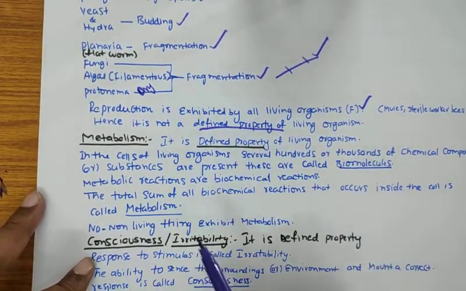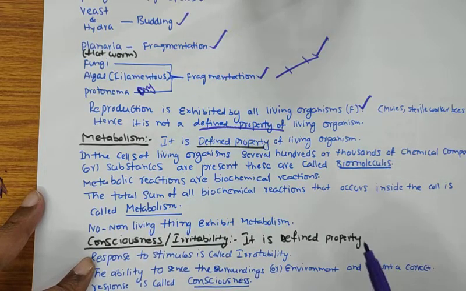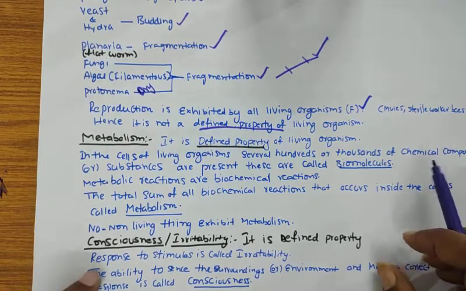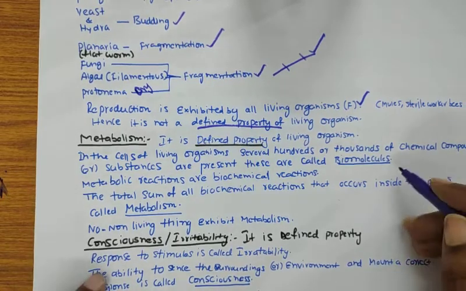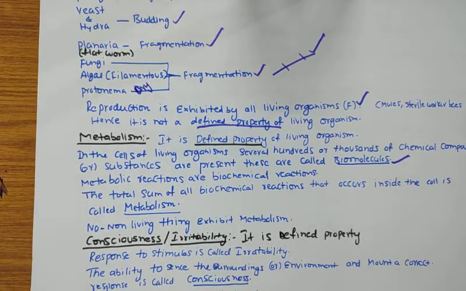Then you go for metabolism. Metabolism is a defining property of living organisms. Remember that one. In the cells of living organisms, several hundreds or thousands of chemical compounds or substances are present in the cell. They are called biomolecules. These biomolecules are involved in different reactions.